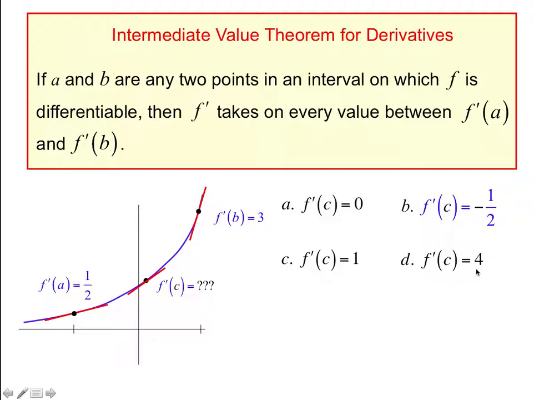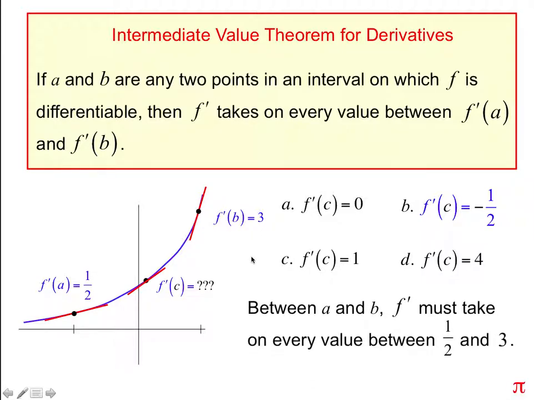The derivative can't be 4 for the same reason, because 4 is not between a half and 3. So C has to be the correct answer. This derivative has to be 1. That has to be the possible correct answer because that answer 1 is between a half and 3. So it's exactly the equivalent to the intermediate value theorem for functions.